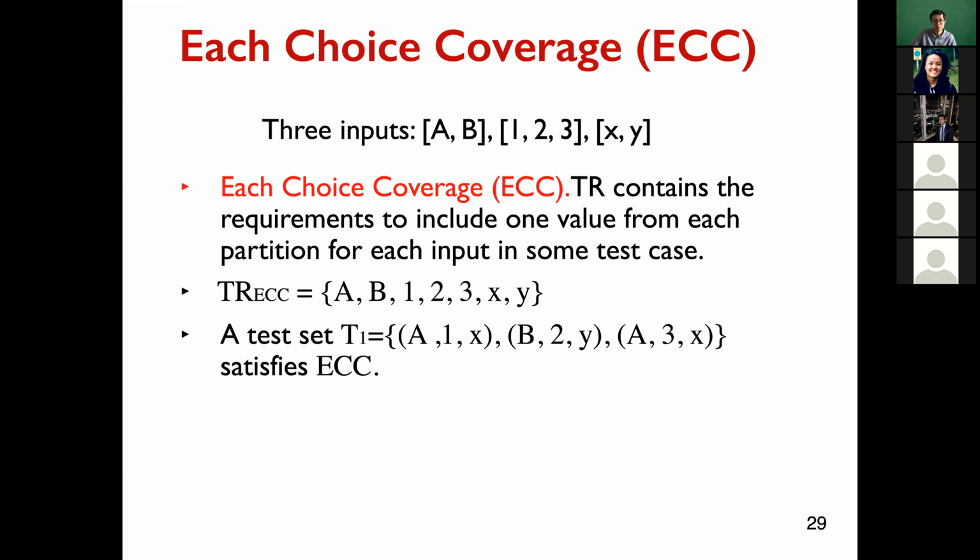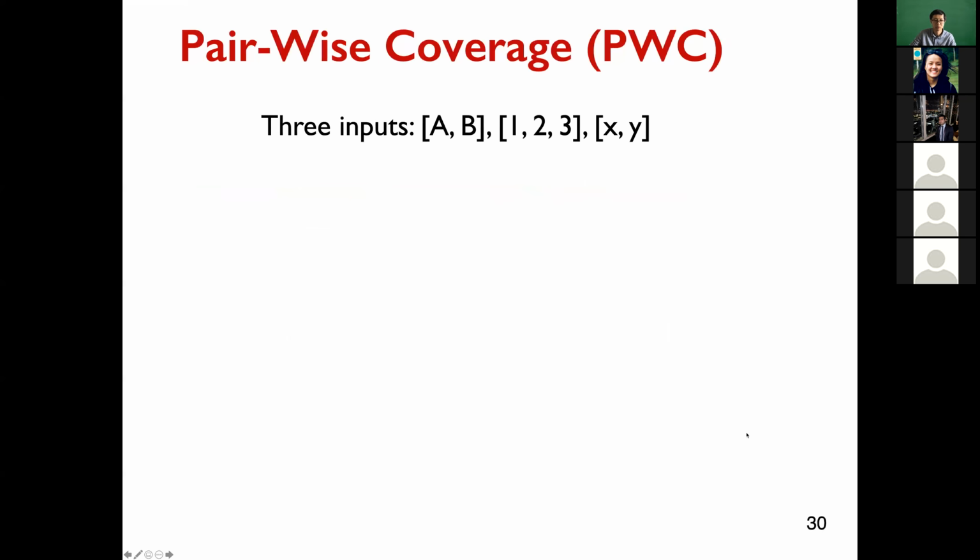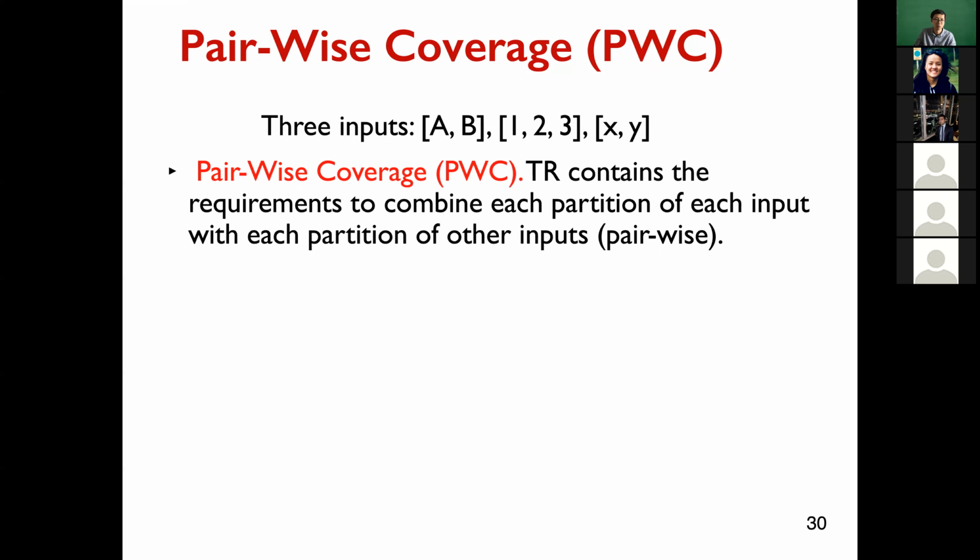Third way is pairwise coverage. This is something between all combinations and each choice coverage. Okay. In a pairwise coverage scenario, we need to consider the combinations of each pair of inputs.